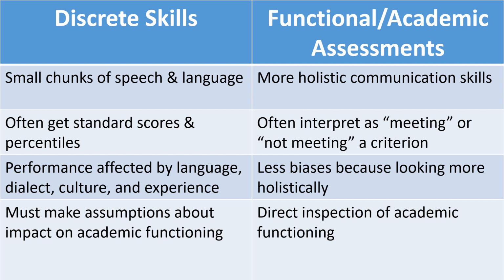Conversely, with our more functional and academic assessments, we're directly evaluating how the student is functioning academically. We don't have to assume that difficulties with a certain sound or a certain morpheme or a certain set of skills relates to academic difficulties. We can observe those academic difficulties directly.